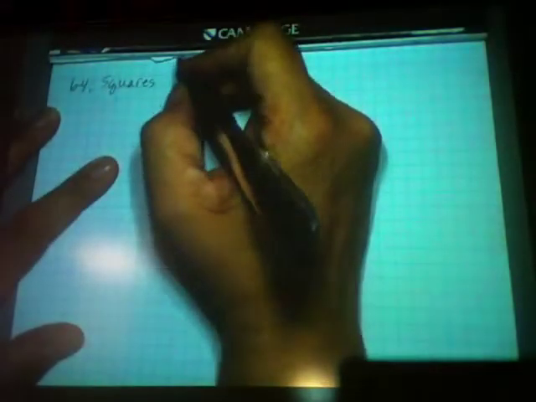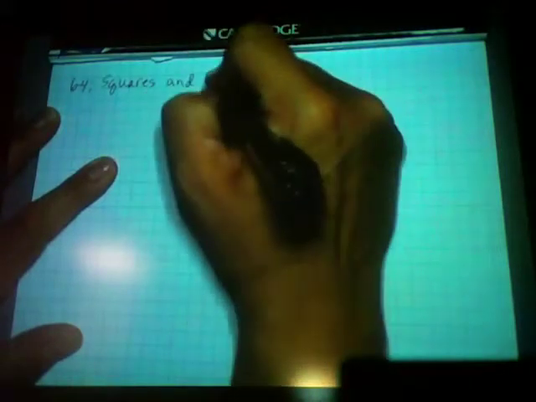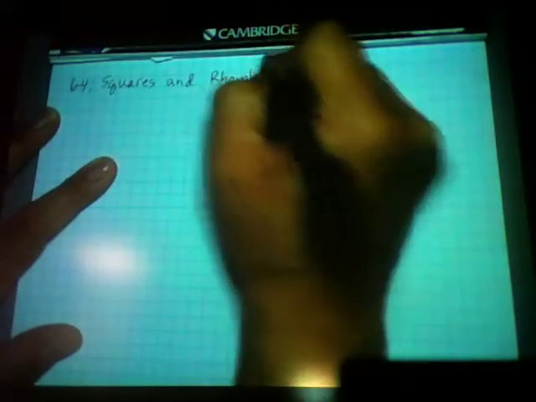Alright, so squares and rhombi, 6-4. Rhombi is plural for rhombus. So we're going to look at the definition of a rhombus first.